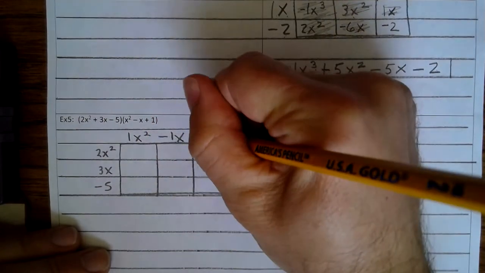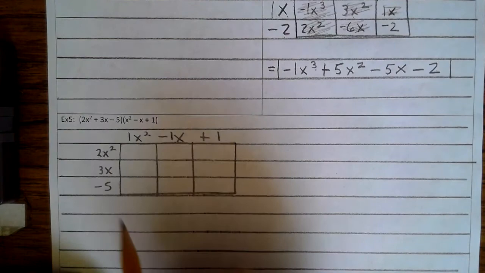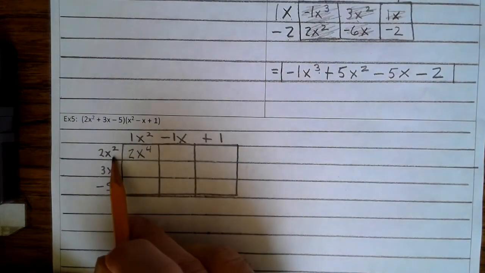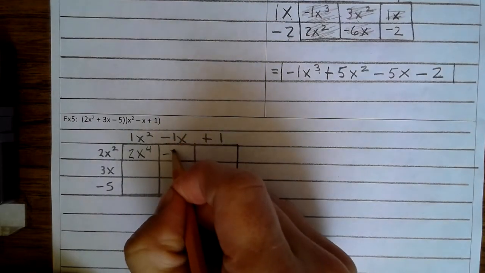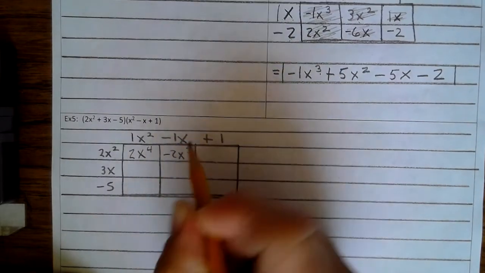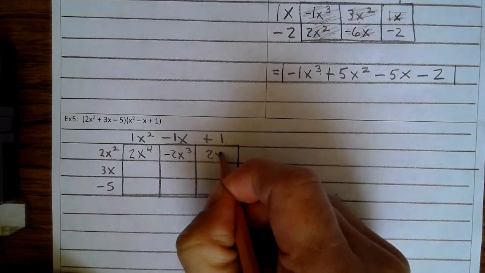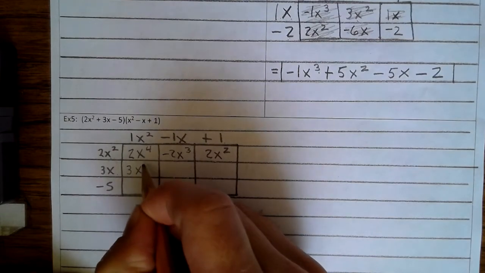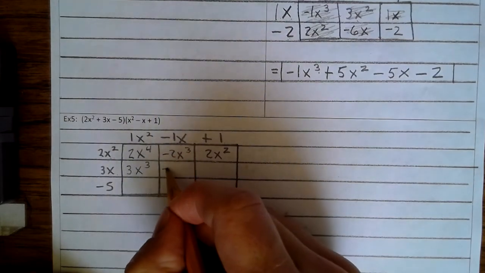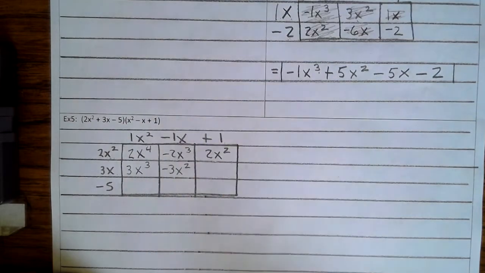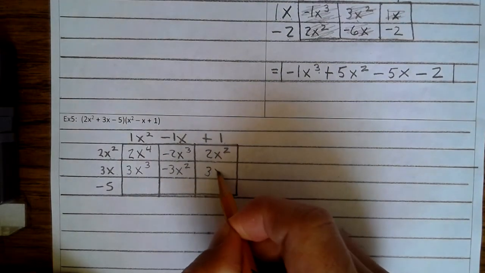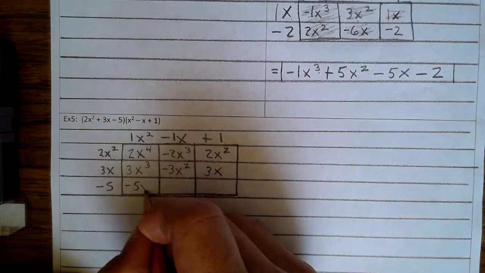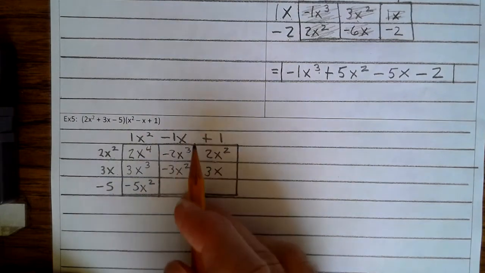Now, 2x squared times 1x squared is 2x to the 4th. 2x squared and negative 1x squared is negative 2x cubed. 2x squared and 1 is 2x squared. 3x times 1x squared is 3x cubed. 3x times negative 1 is negative 3x squared. 3x times 1 is 3x. Negative 5 times 1x squared is negative 5x squared. Negative 5 times negative 1 is a positive 5x. Negative 5 times 1 is negative 5.